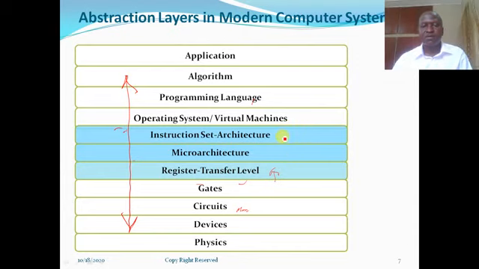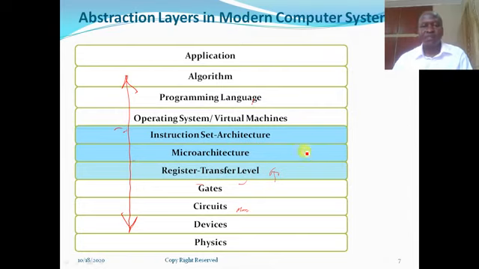And next, above the microarchitecture layer, we have the instruction set architecture, which is the layer that defines all the sets of codes or languages or instructions that a computer system can execute, and it serves as the interface layer between the hardware level and the software.